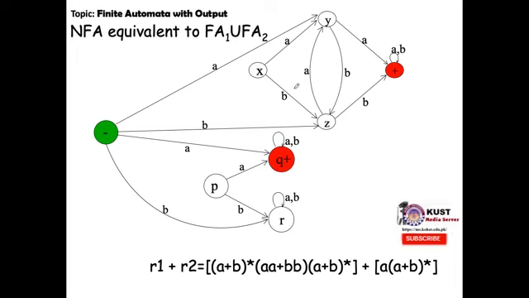And this was easy: we created a new state, and for these states we create A and B, and A and B. So the NFA equal to FA1 union FA2 is given as this one. This is basically the corresponding regular expression.